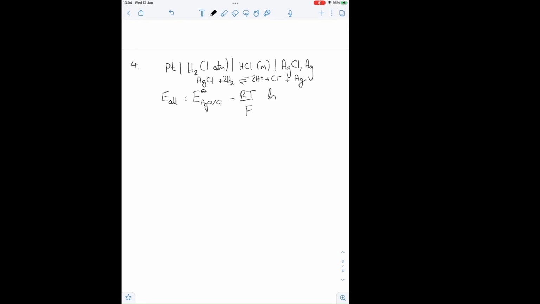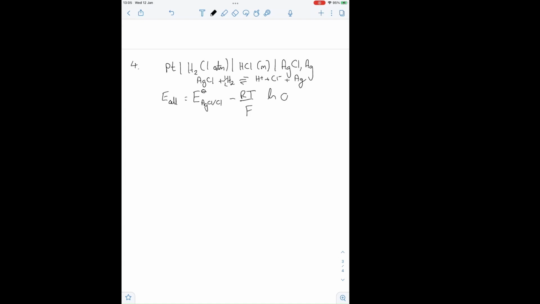Okay. Actually, let's do it with a half H2. It just makes my life easy. Half H2. That looks better because it balances the charge. Okay. So there we go. There's your balanced reaction. So the activity of AgCl is 1, the activity of H2, because it's 1 atmosphere, is 1, the activity of silver is 1.